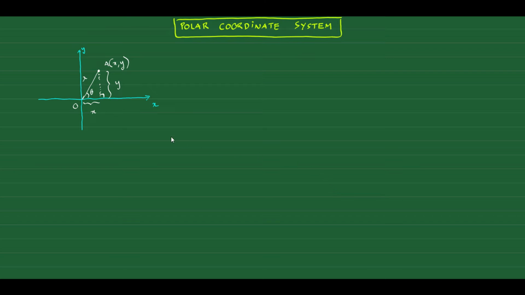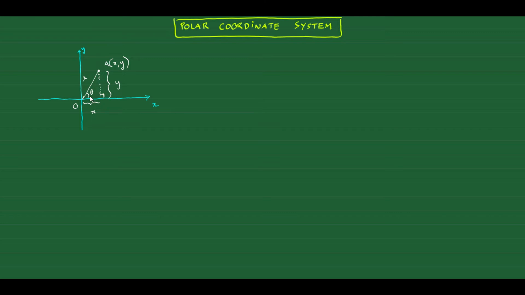Now you see that the location of the object A, by using X and Y components, we can portray it in the coordinate system. Or we can use R, which is the length of the segment OA, and the angle to display the location of point A.